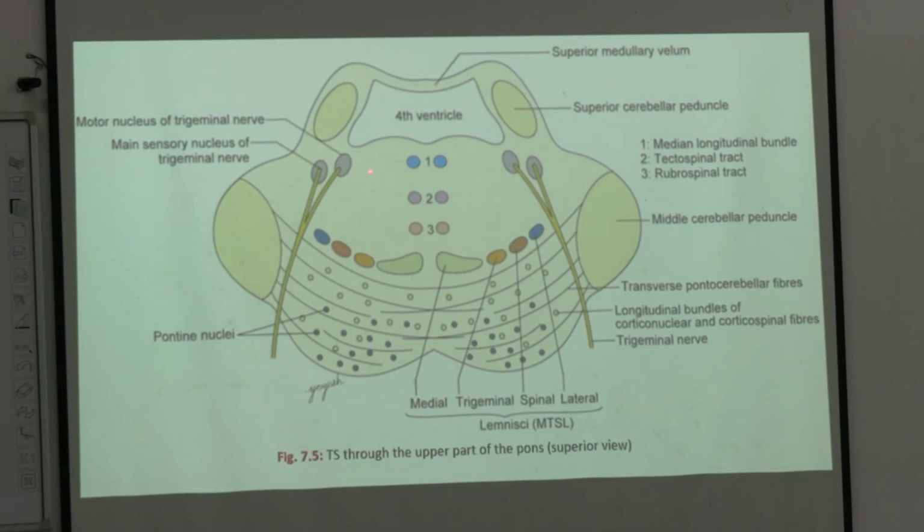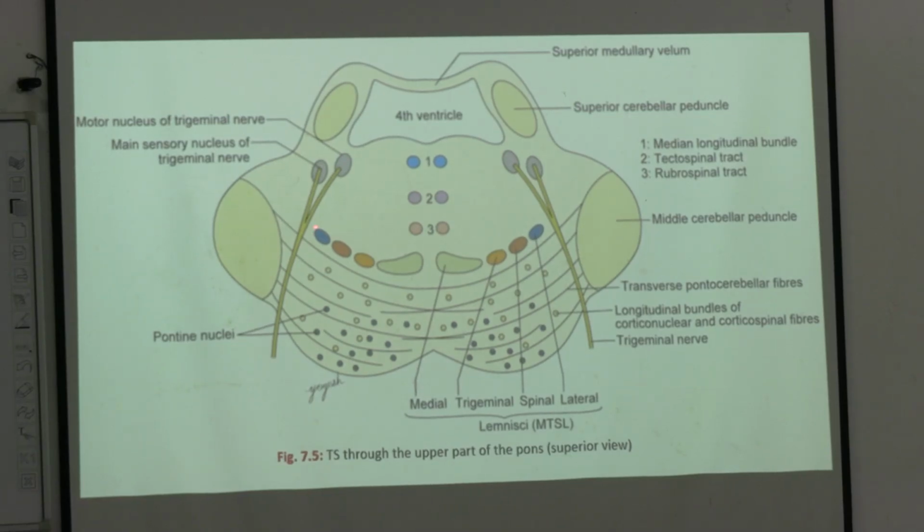The motor one is present in the midline, and the sensory one is lateral. They come together and unite as the trigeminal nerve, which exits here. So these are the only cranial nerve nuclei present in the upper level.